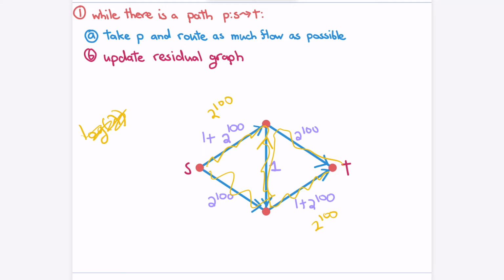Can you do a random path? Well, one thing that can make the random path tough is I can add a bunch of shortcuts that each have capacity 1 or something relatively small, and they'll each tempt you.